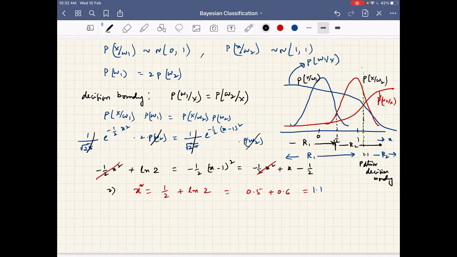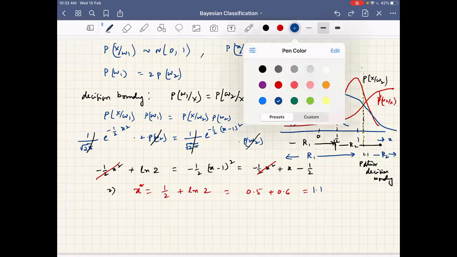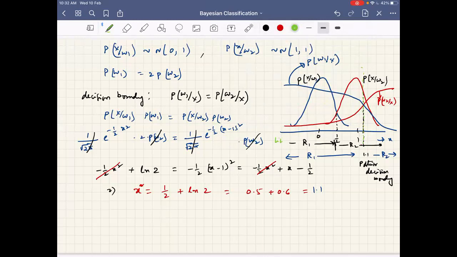Correct or not? This is likelihood decision, this is posterior decision. Now is it clear or are there still some questions? Yes, sir, clear.